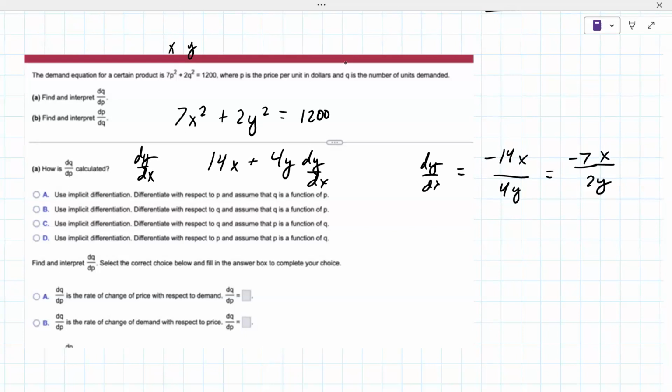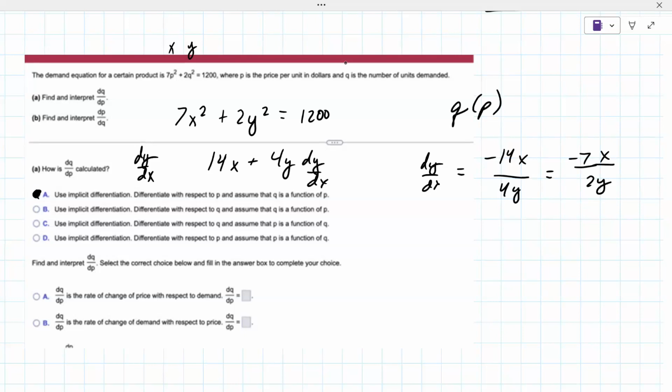But you can't use x's and y's, you have to use the p's and the q's. So q is a function of p. You assume that q is a function of p. That's this one right there, so it's the first option.